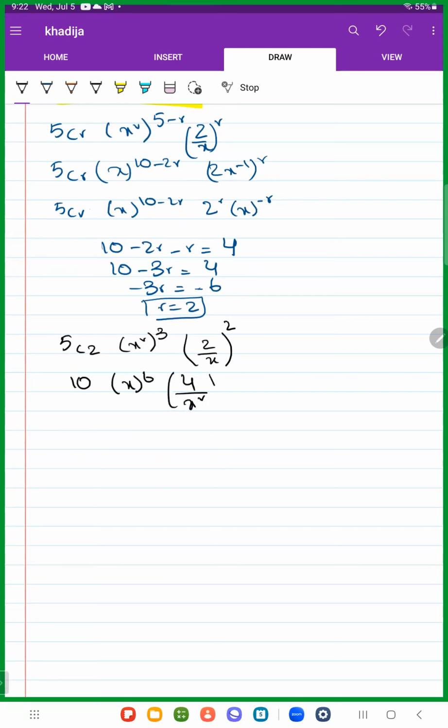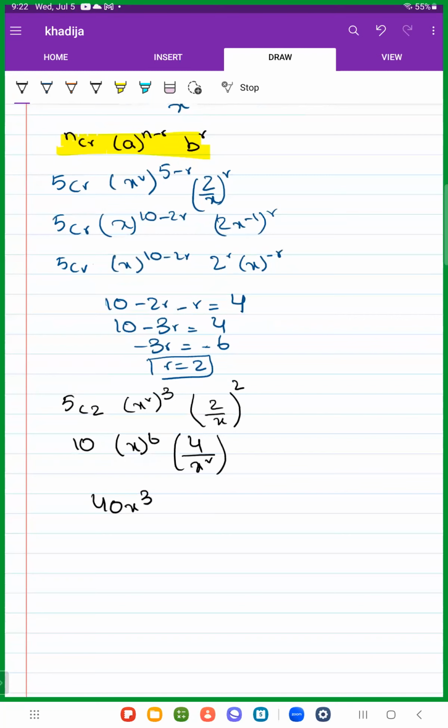X. And it'll be so 10 into x to the power of 5 into so that will give us 40x cubed.